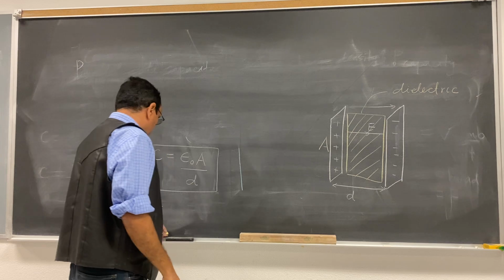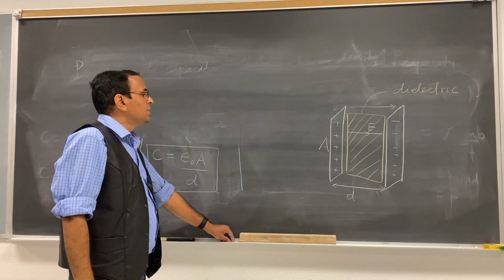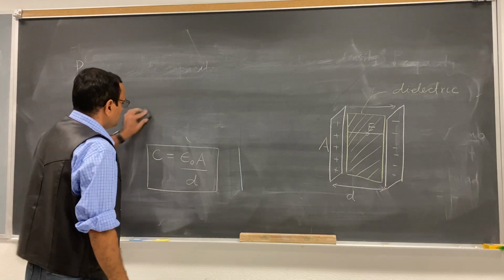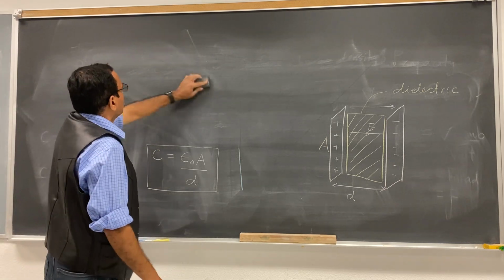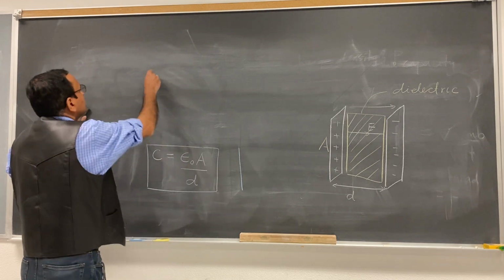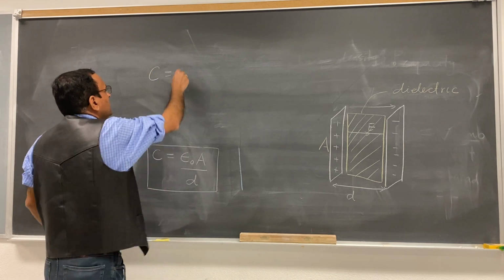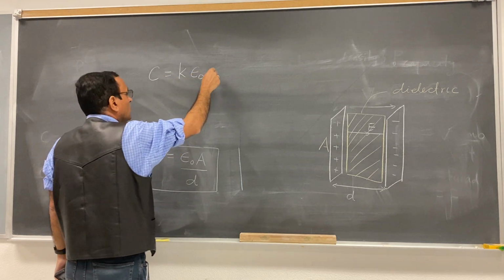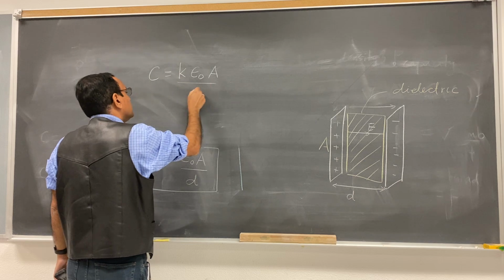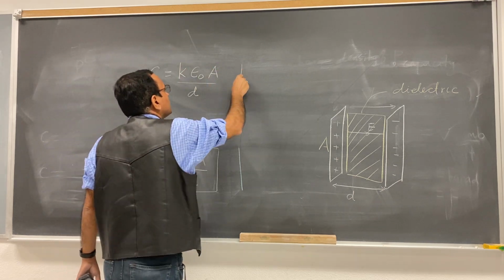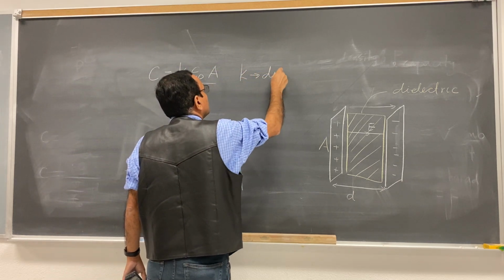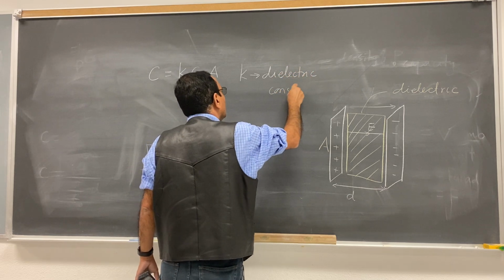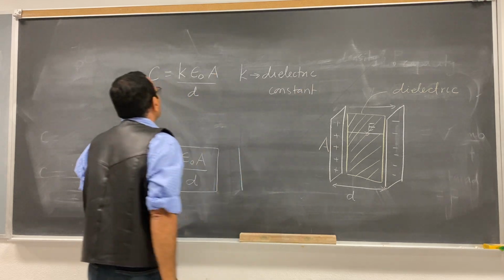If you keep the dielectric material in between the plates, then your capacitance C you can write down as K epsilon 0 A divided by D. Here this K is the dielectric constant, not the Coulomb constant.